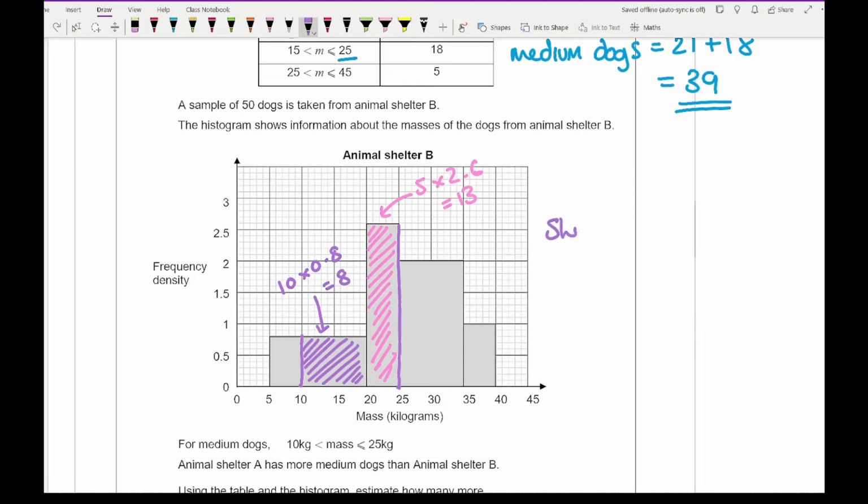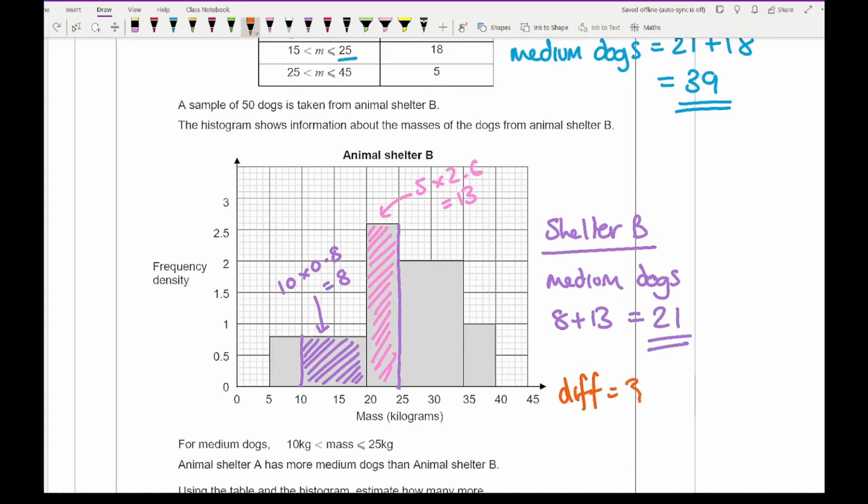So in shelter B, the medium dogs is going to be 8 plus 13, which is 21. So then working out the difference, it's going to be 39 minus 21, which equals 18 dogs. And there we go.